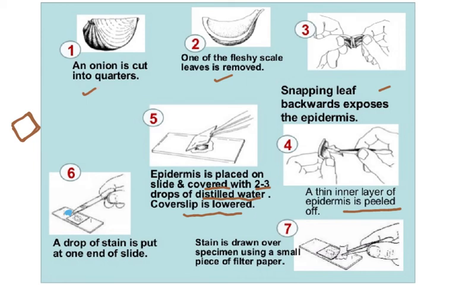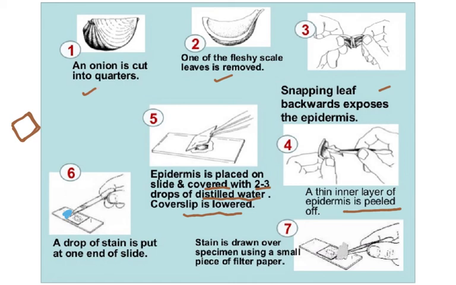And then number 7, the stain is drawn over the specimen using a small piece of filter paper. So when you put the filter paper here, then the stain on this side is going to slowly be sucked in and is going to cover up the specimen. So please understand that what we are doing, we place the stain on one side, and then on the other side we place this piece of paper here.